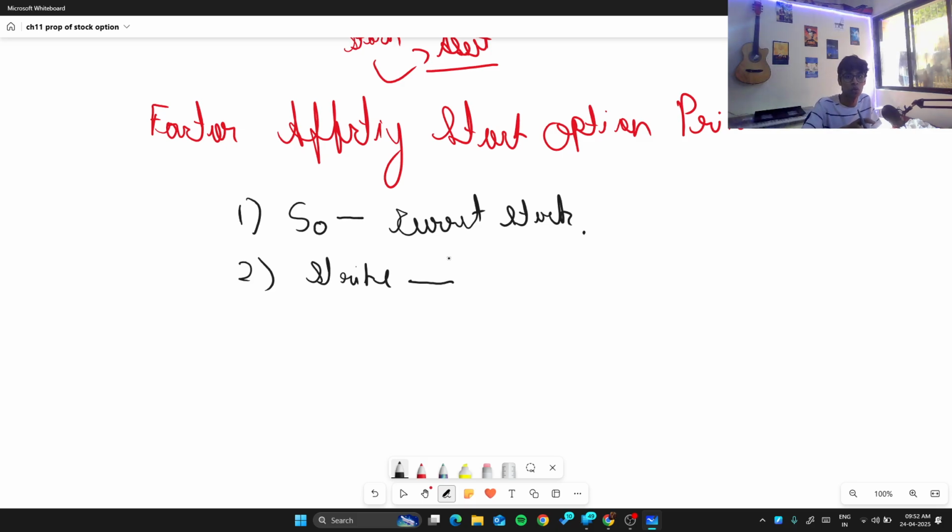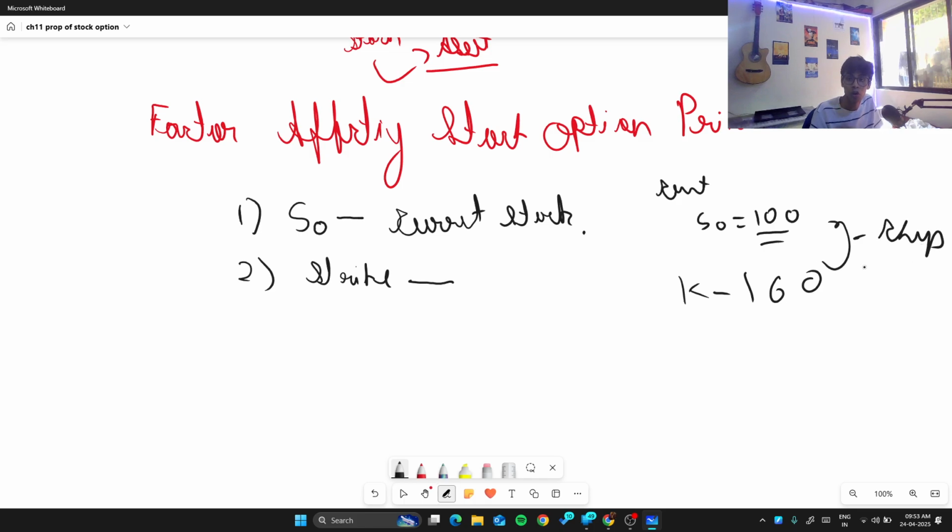Say the current S0 is 100. For a strike price of 160, let's say, the option value will be cheap, because of the probability of reaching it.